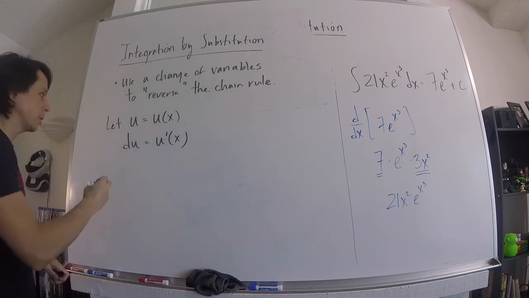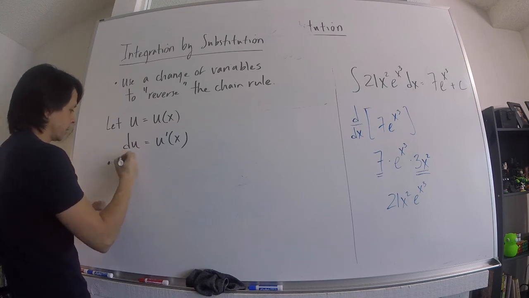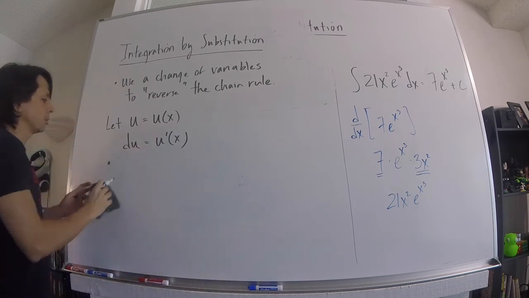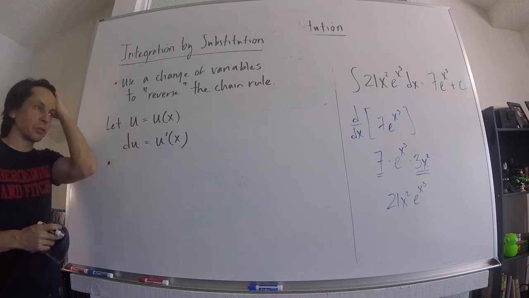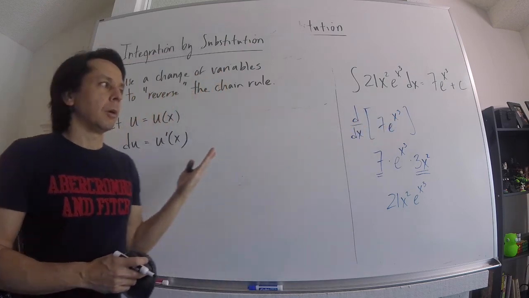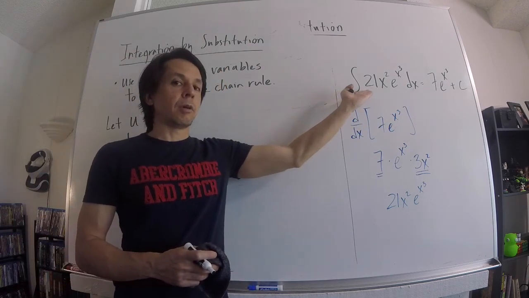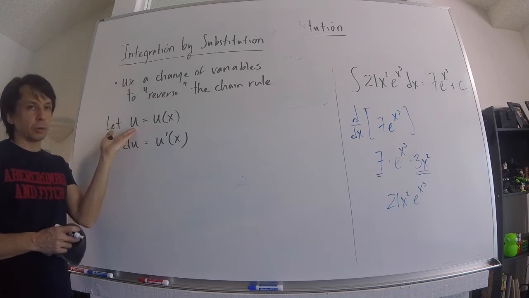Another thing I want to note: technically you can use any letter you want, but the standard convention is to use u in this situation. We're going to be substituting, replacing the integral involving x with an integral involving u typically. You can in theory use any variables.